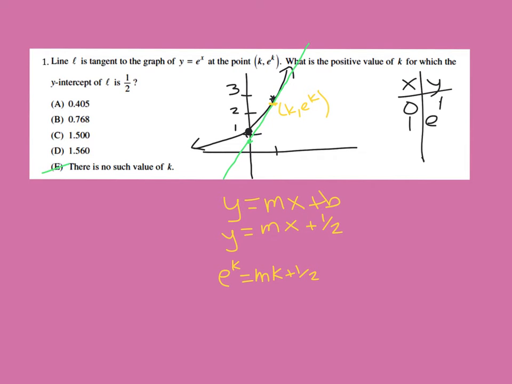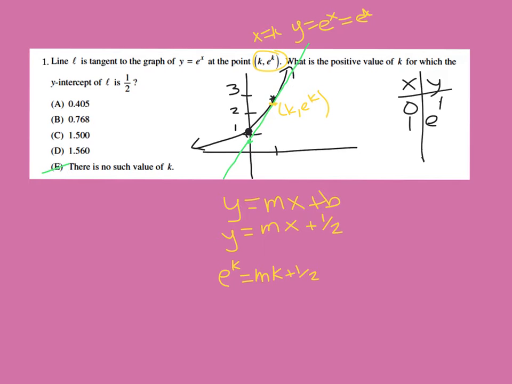Actually, even if they didn't give you this point, if they just gave you x equals k, you would be able to figure out the y value by substituting it into this equation, so it would be e to the k. But they do give you that part of the point. I'm not sure if it makes it easier or more complicated. For some people, it might make it easier. For some people, it might make it more confusing.